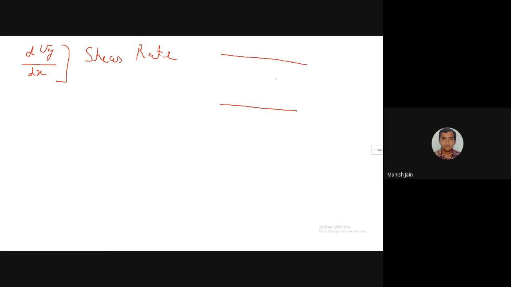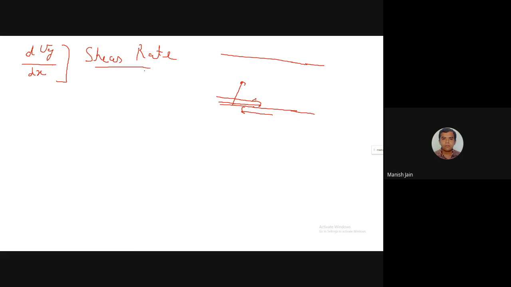Suppose this is a pipeline, and fluid is flowing inside the pipeline, so you have a friction force in this direction. When you have the friction force, the velocity of the fluid will change. So this is the shear rate.